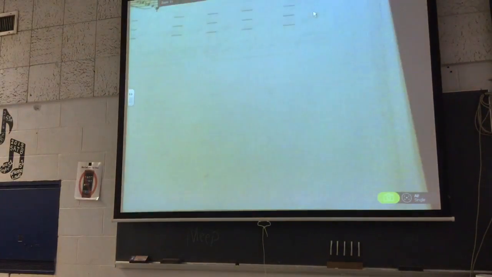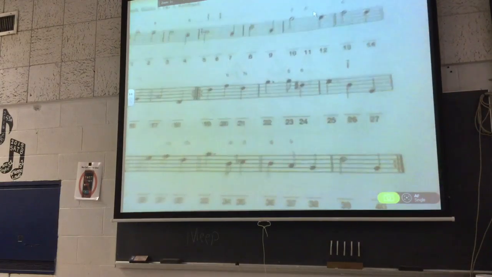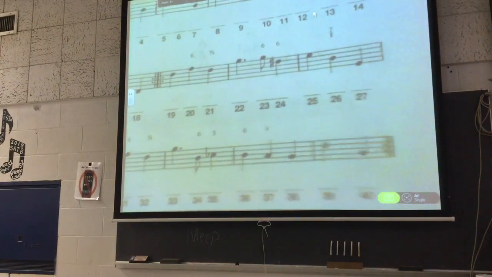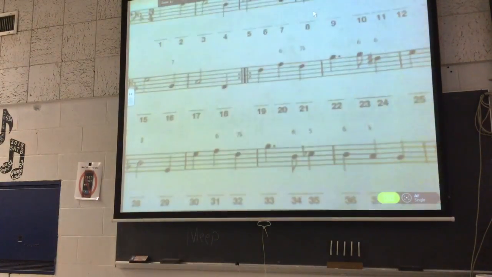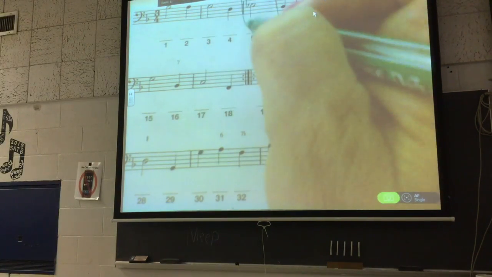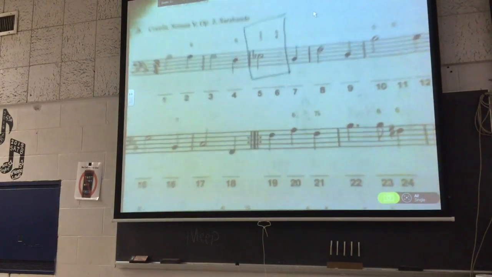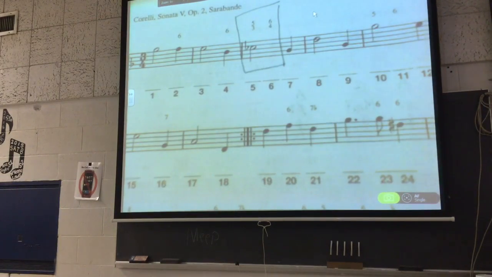Let's move to number 3, and I'll pick a few random ones here. I want to look at this right here, because it's one bass note with two different figured basses beside it.